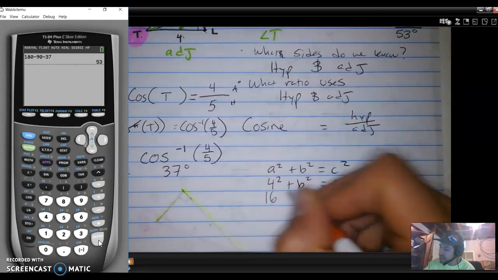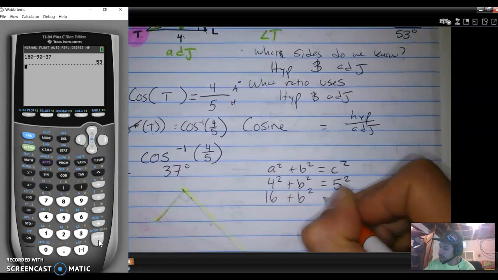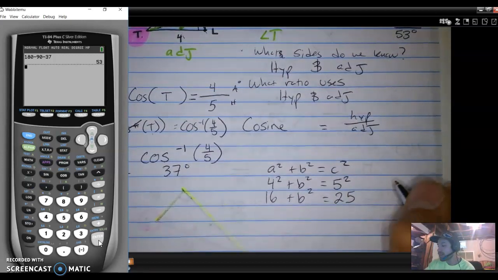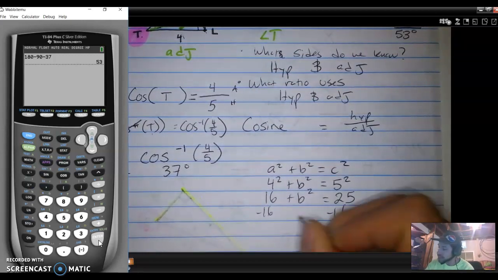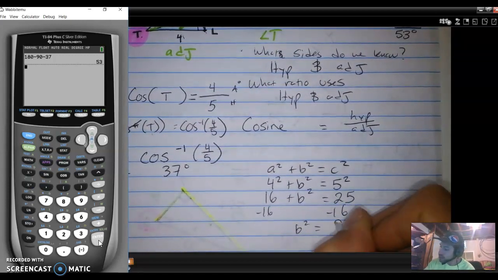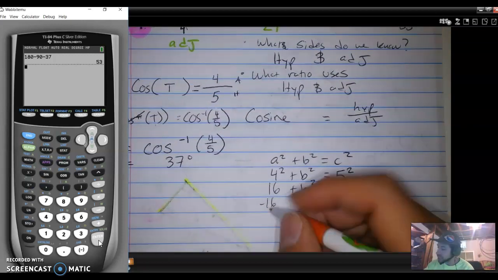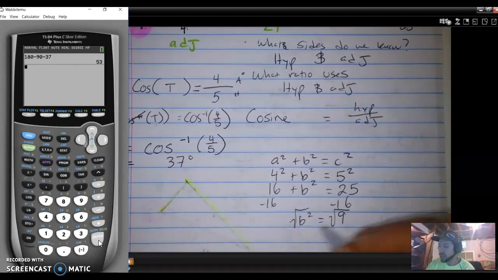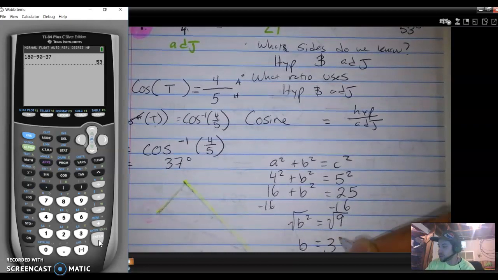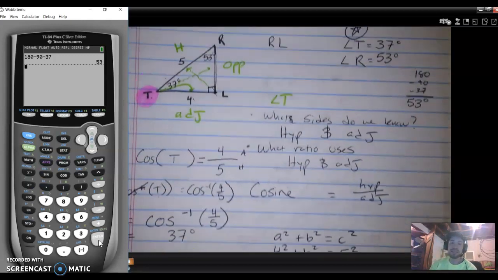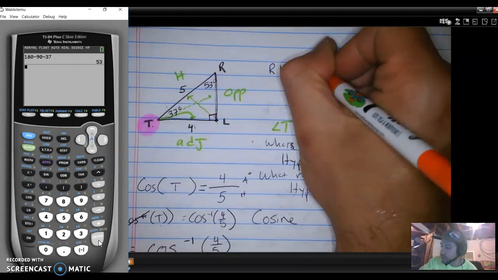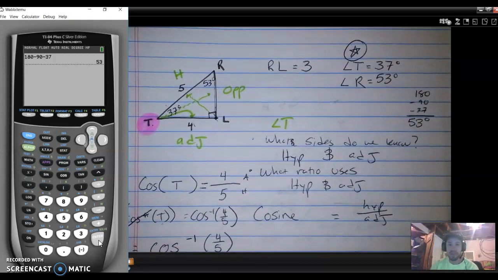This gives us 16 plus b squared is equal to 25. We subtract 16. B squared equals 9. And just like last week, we take the square root of both sides and we get b equals 3. This gives us our last side, RL is equal to 3.